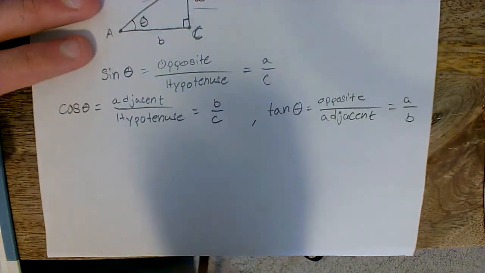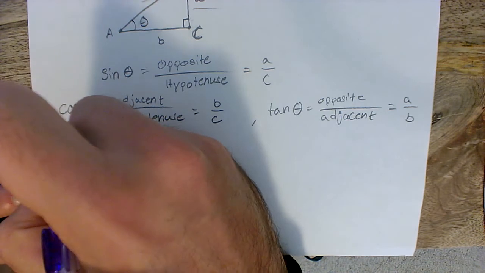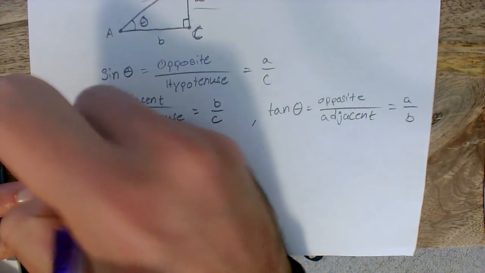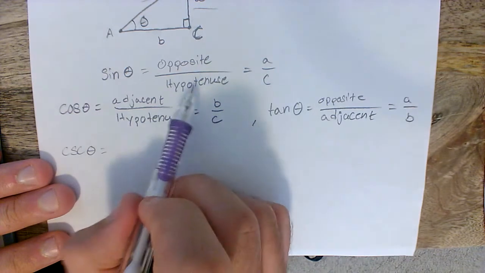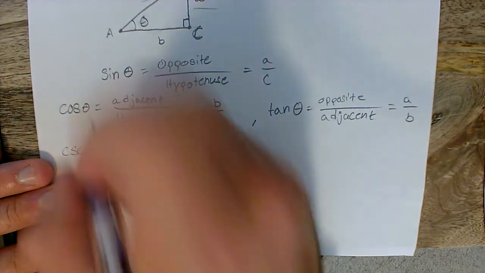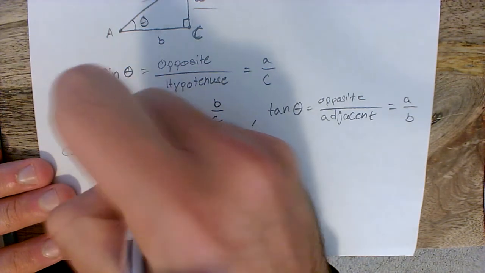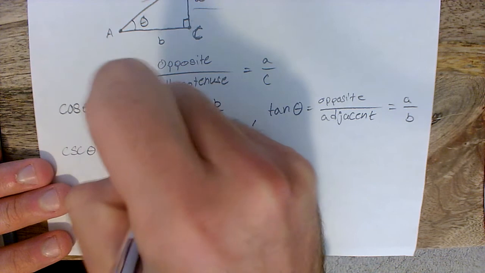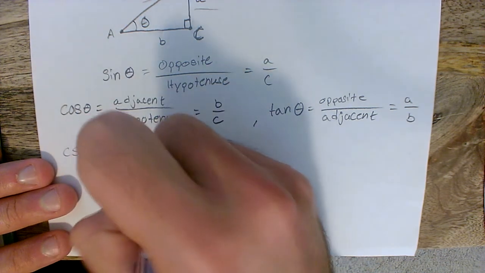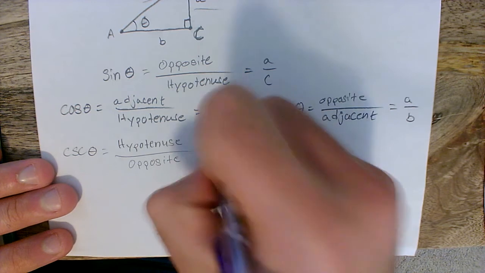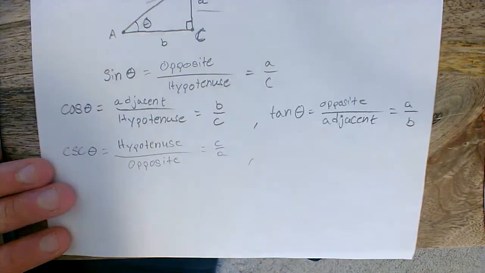So now we can also define the cosecant of theta is equal to the reciprocal of sine, so it's the hypotenuse over the opposite, or c over a.